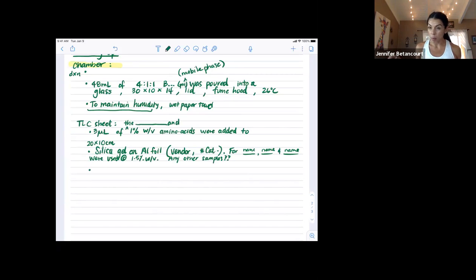Not done. Couple more details. Samples were added. Now we're going to talk about where or how. Okay, so we've talked about how much and the concentration of them. So what do you think the important things are that describe how I put the spots or the samples on the sheet?